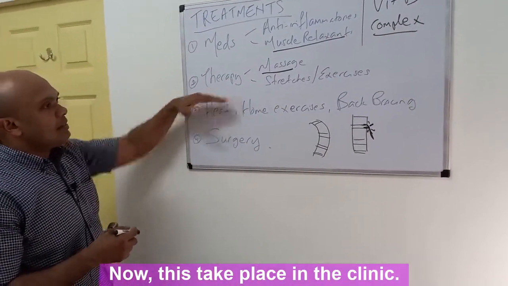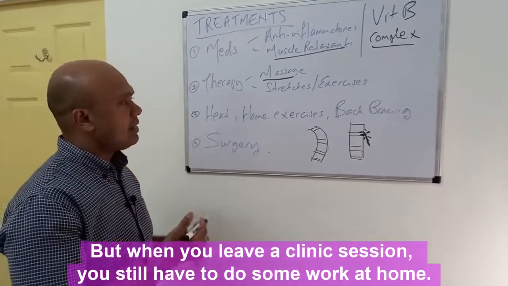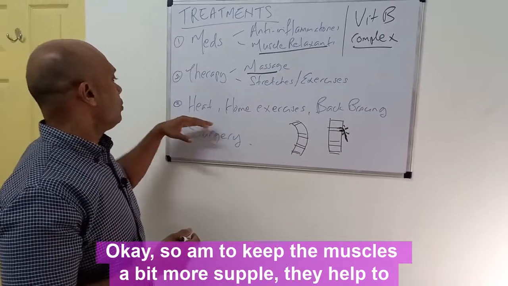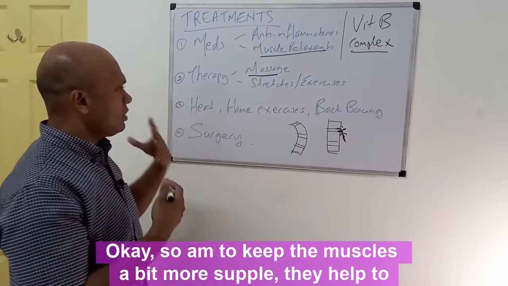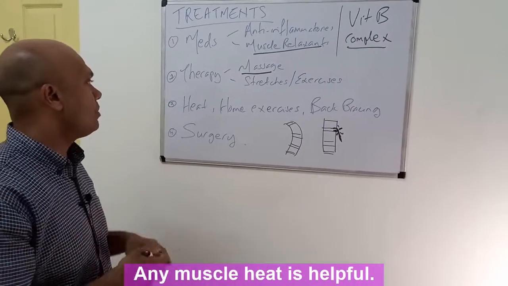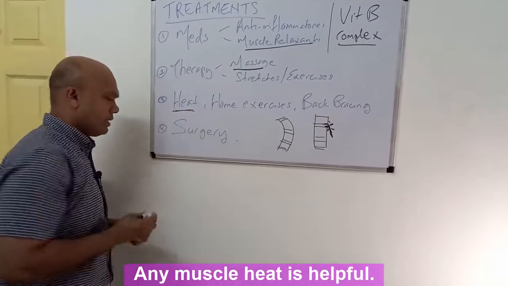Now, this takes place in the clinic, but when you leave a clinic session, you still have to do some work at home. To keep the muscles a bit more supple and help reduce the tension in the muscle, heat is helpful.